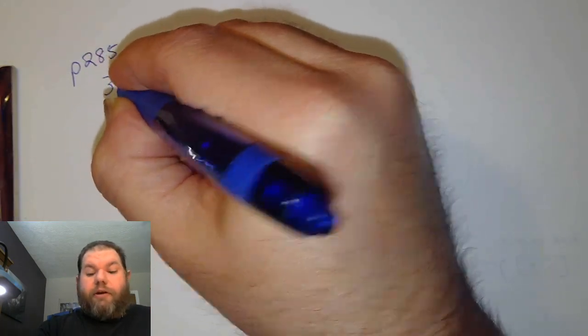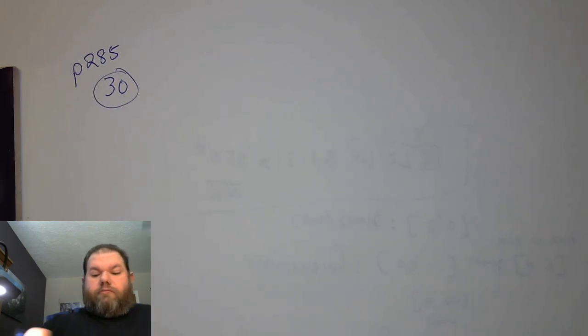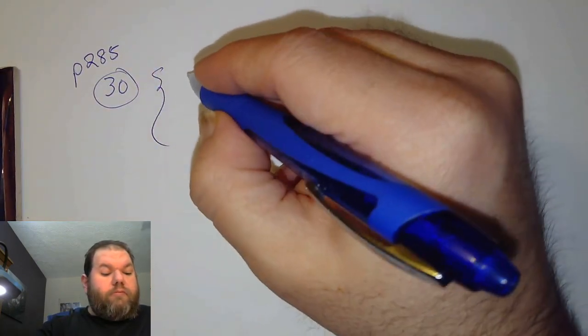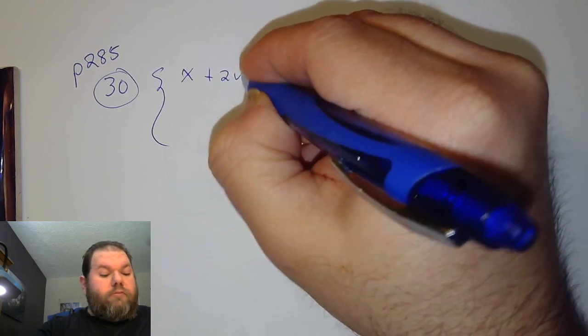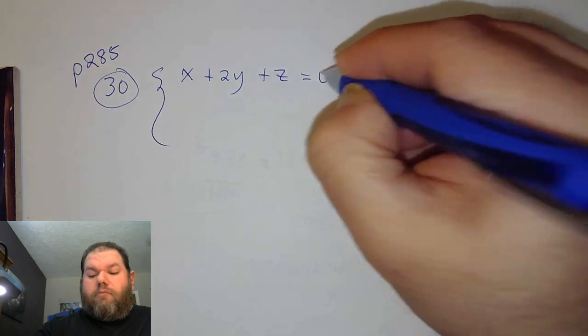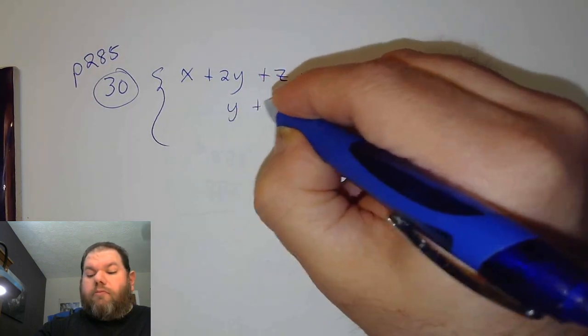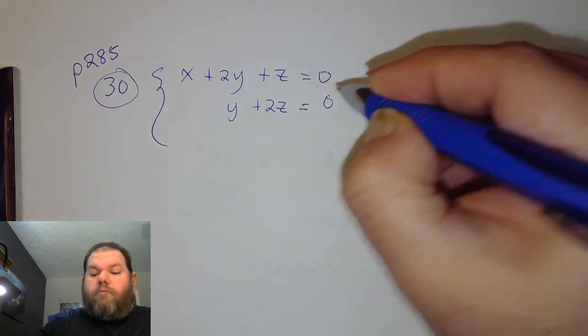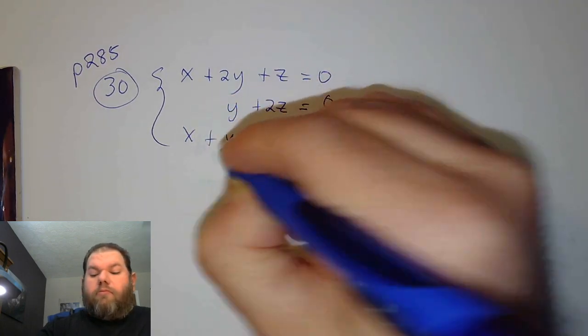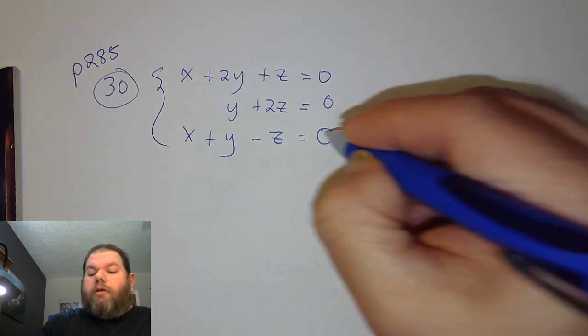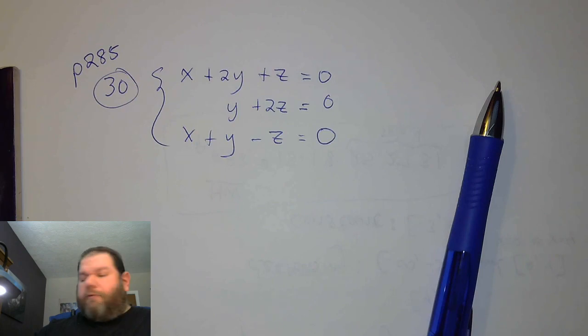So, I'm going to start off, this is page 285, like I said, and we'll start off with 30. Well, this is a silly question, but we'll do it anyway.